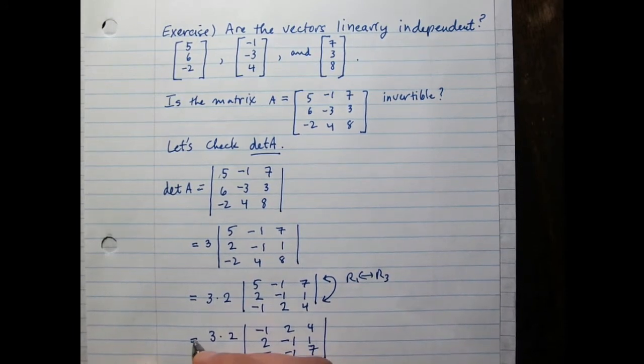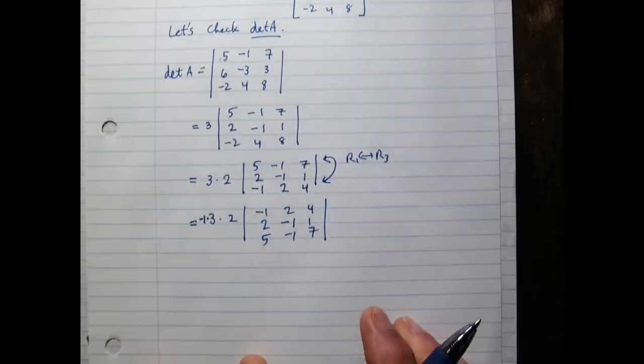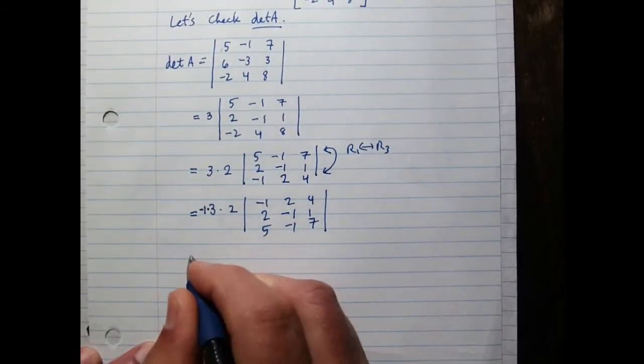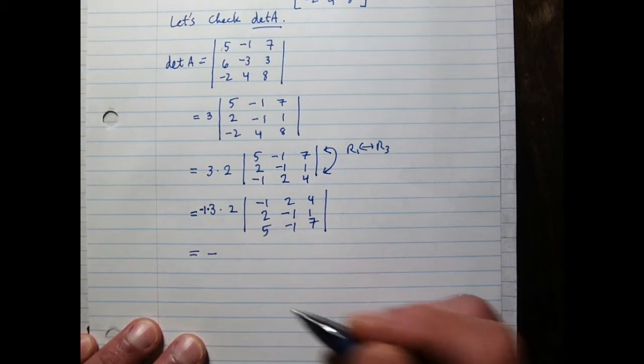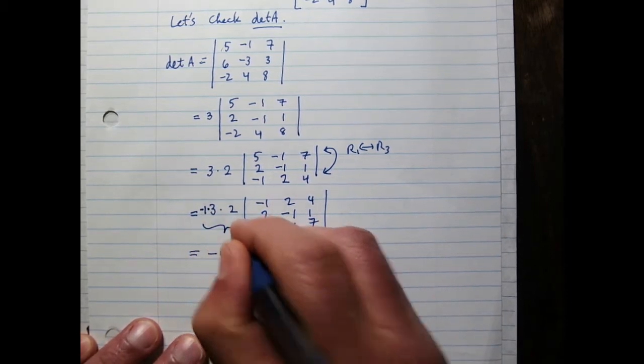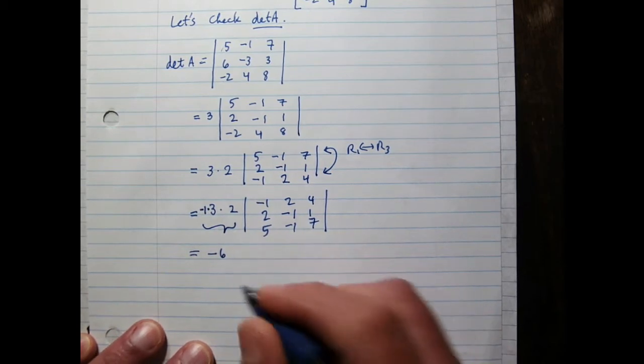Then I have to multiply by -1. So I change the sign of the determinant in that situation. So I now have, what, -6 times something, right?